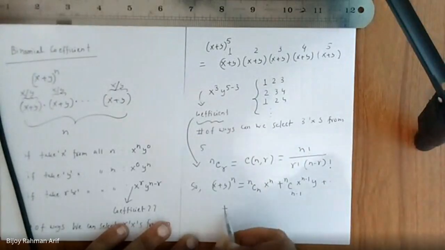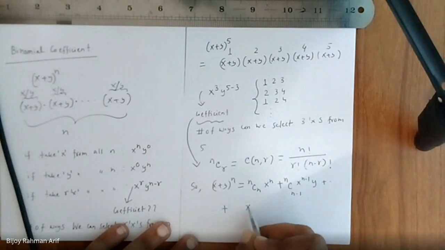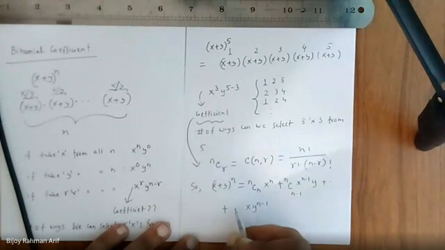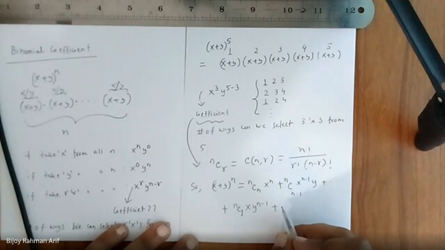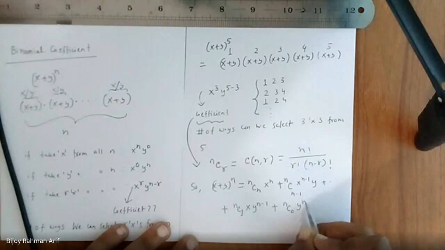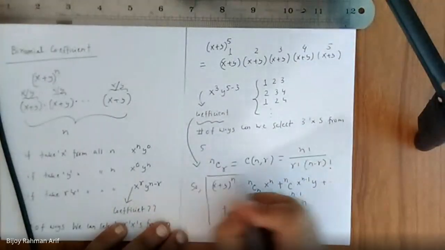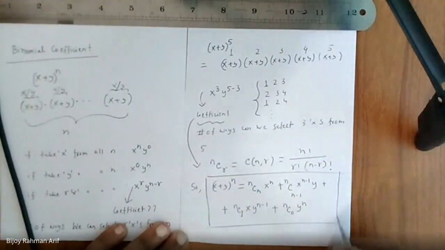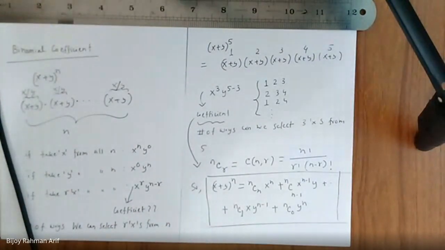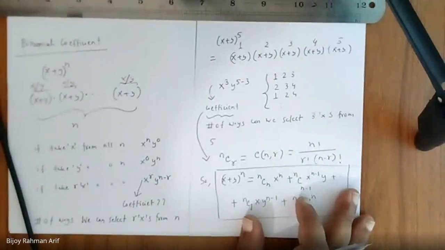Dot dot dot, x y^(n-1), what is the coefficient? nC(n-1). And finally nCn y to the power n. So this is called the binomial coefficient. Did you get it? Yes, sir. Okay, sir.